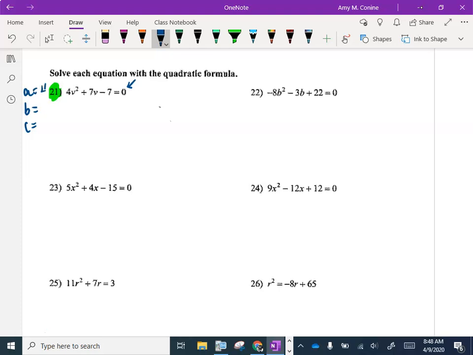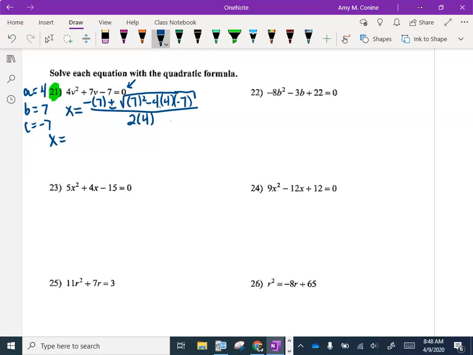So A is 4, B is 7, and C is -7. And then I'm going to go ahead and put in my information. So opposite B, plus or minus square root of B squared, minus 4 times A times C, all over 2 times A.